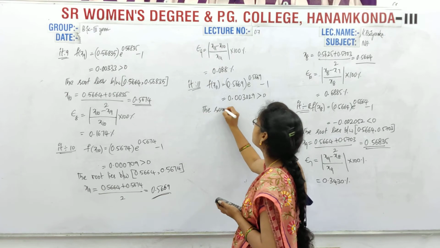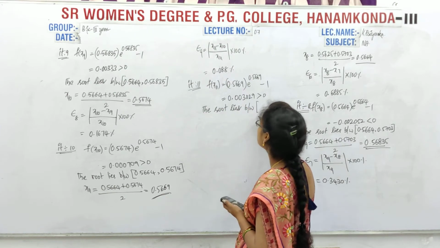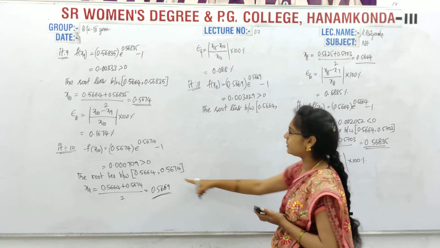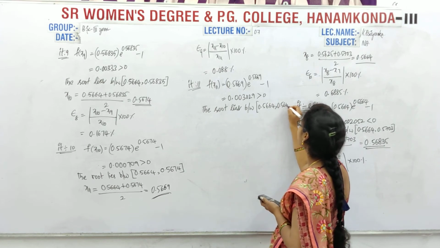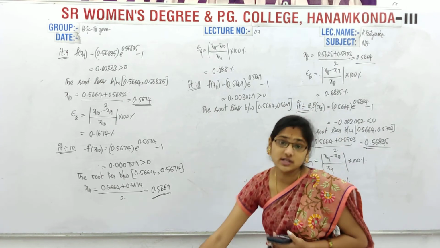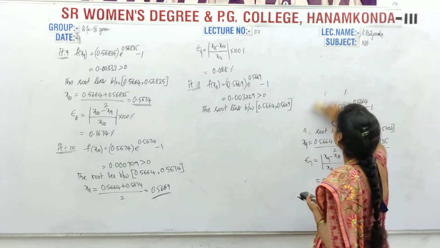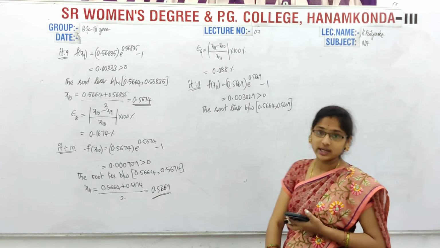Therefore the root lies between... positive now. So the negative value is this one, comma, the positive value we have to ignore. Then 0.5669. If you observe this interval, it is a very near interval now. So here what is happening? We are calculating the exact root in decimals.